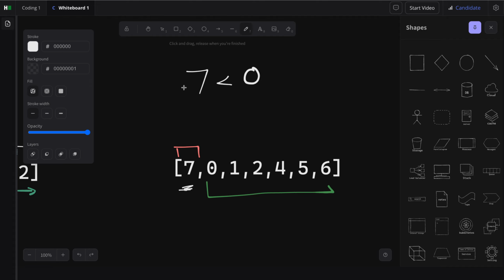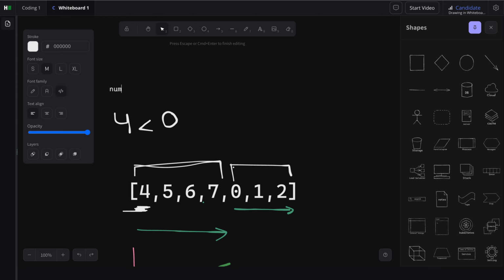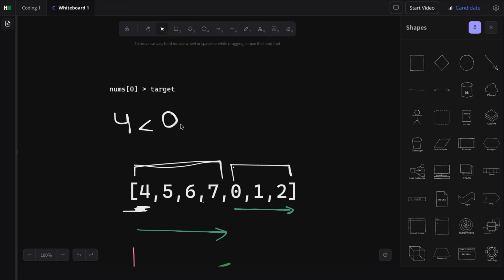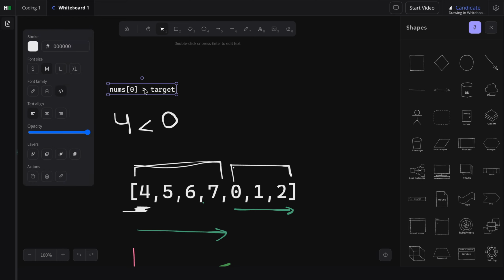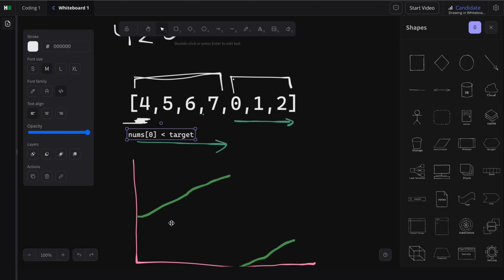I'm so lost. I think according to NeetCode it did. So what does this mean? This means num 0 is greater than target. Oh, sorry, it should be like this. Anyway, it really doesn't matter.